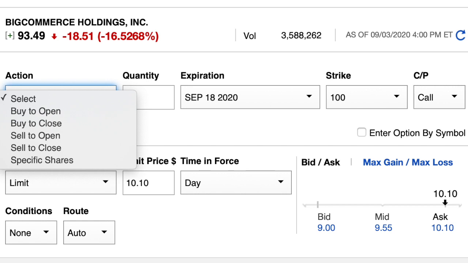So if you have a stock that you want to do covered calls with, and you want to make sure you don't sell the ones that have the biggest tax implications, you can select specific shares of those companies to ensure that you are selling the ones with the least tax implications.